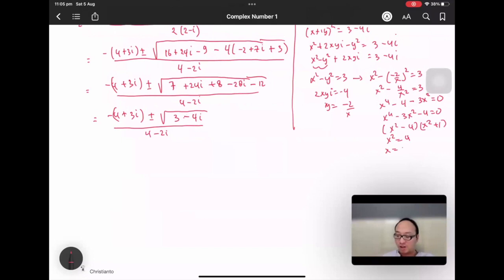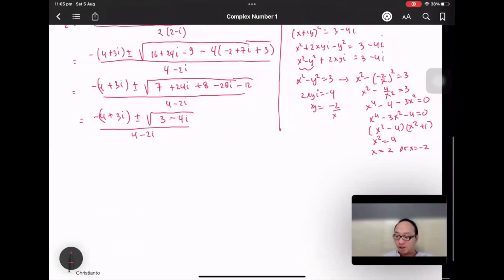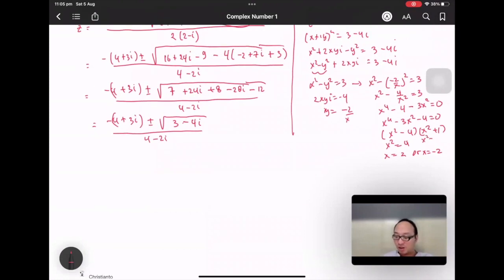x squared equals 4, so x equals 2 or x equals negative 2. In here, x squared equals negative 1, so this is not a real root, and we can ignore this. When x is 2, y is negative 1. When x is negative 2, y is positive 1.